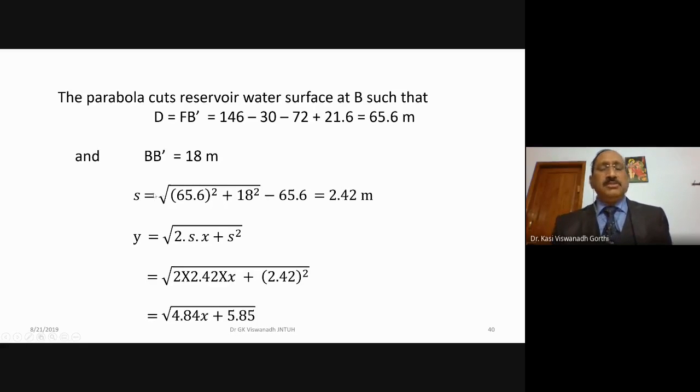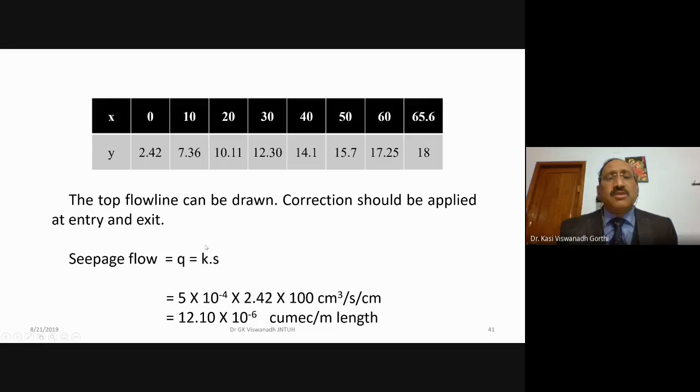So this value will be square root of d square plus h square minus 65.6. y will be equal to square root of 2sx plus s square. For different values of x, you can get the values of y in a small table, with x equal to 0, 10, 20, 30, 40, 50, 60, maximum up to 65.6. As you have seen, x can take a maximum of 65.6.